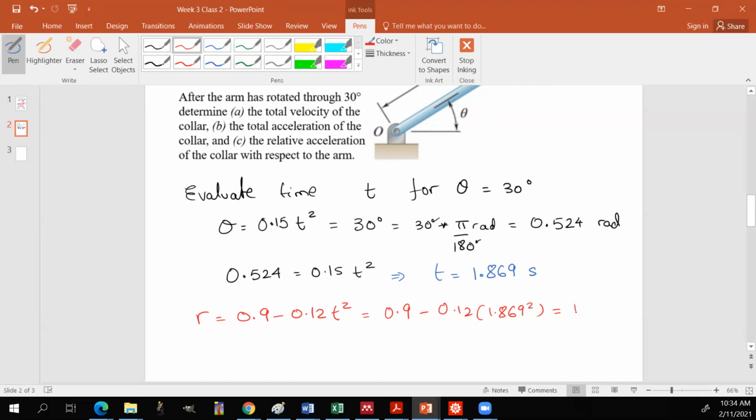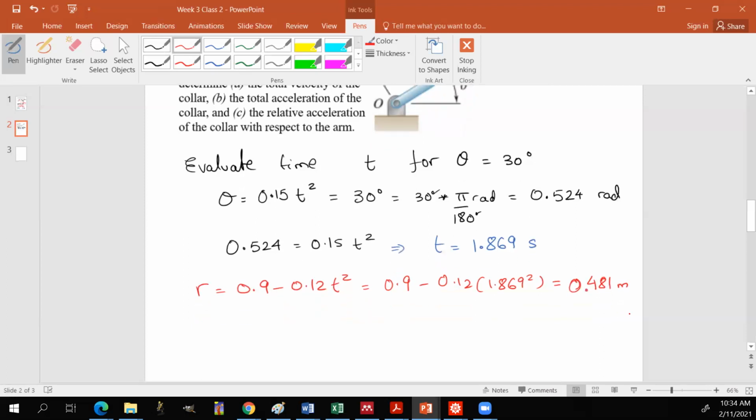Can someone check? I might be wrong. 0.48? Yeah, I got 0.48 as well. All right, 0.481 meters, right? r dot is just equal to the differentiation with respect to time. So the 2 comes down, so minus 0.24 t. So at our time, 1.869, what is that equal to?